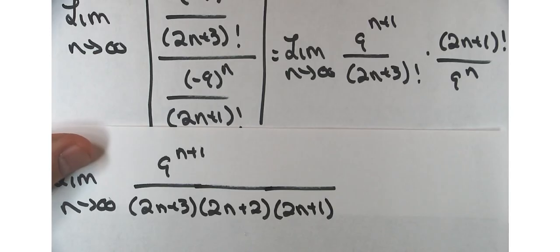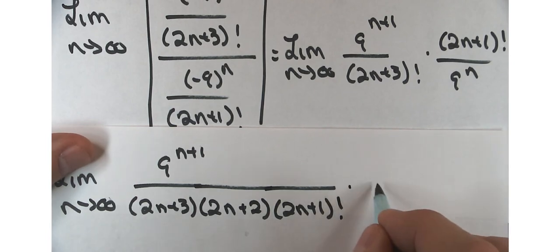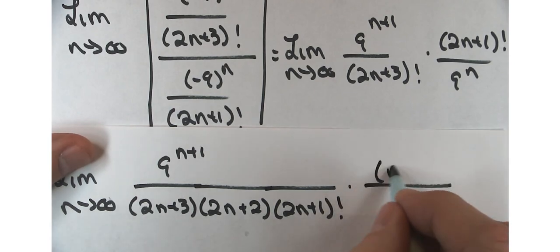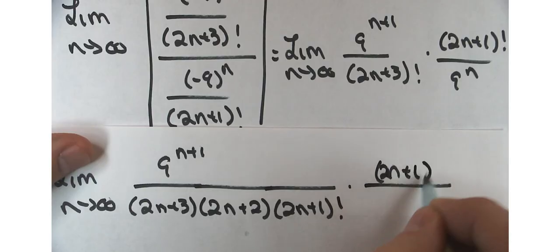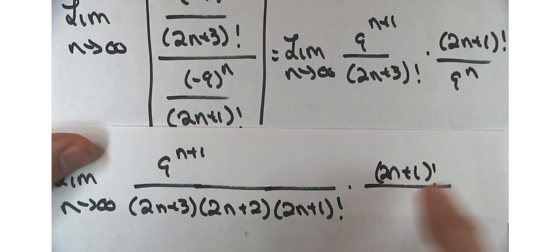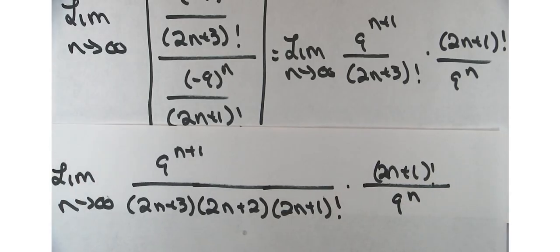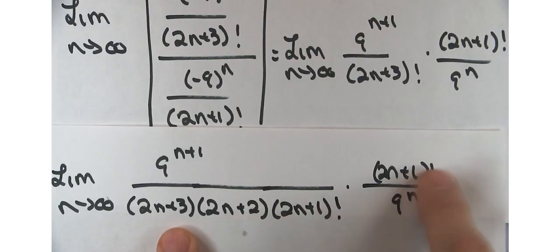I'm going to write it as 2n plus 1 factorial. Can someone suggest a reason why? Cancel it out. Yeah, I've got a 2n plus 1 factorial up here that I can cancel out with. So that's the little tricky part, rewriting this so that you get that massive amount of cancellation.